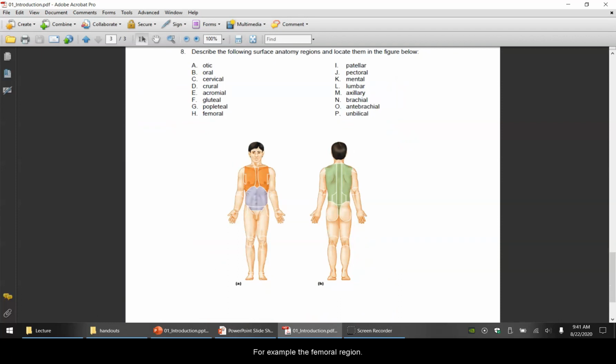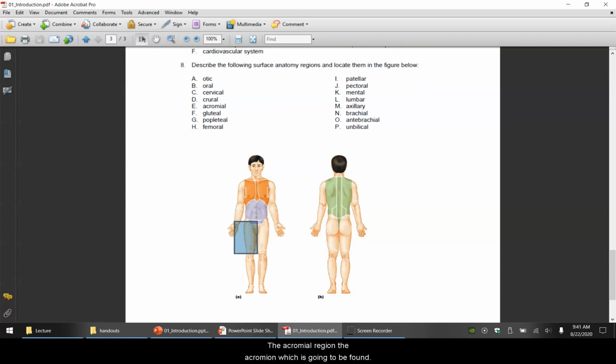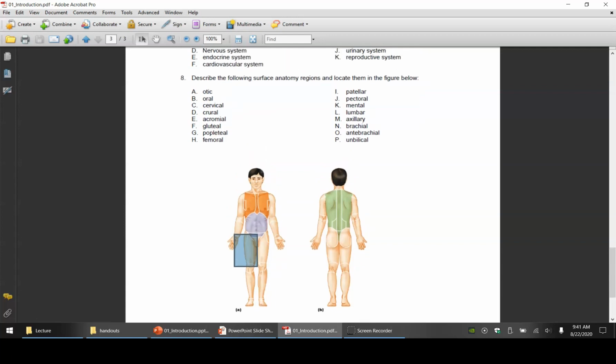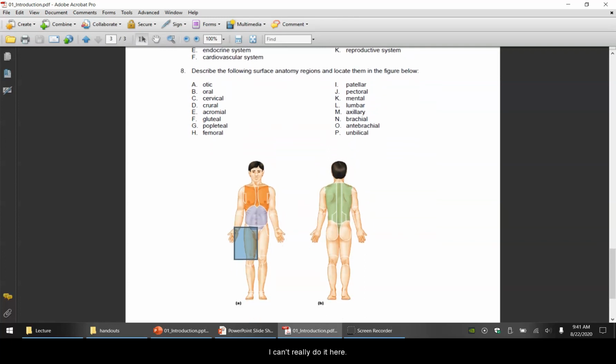So for example, the femoral region. The femoral region, of course, is the thigh, which is located here. The acromial region, the acromion, which is going to be found, well, I can't really do it here, but only know these regions here described under number 8.